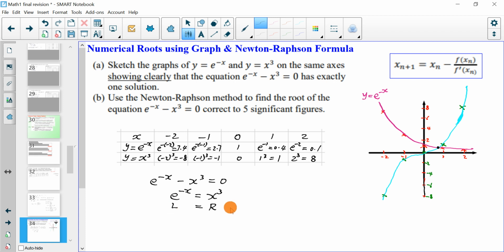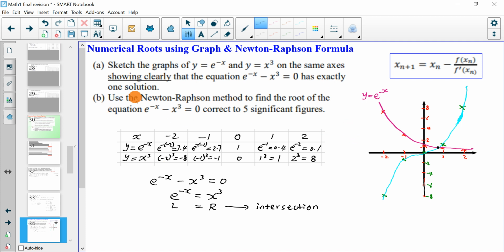If they equal each other, that means they intersect, and when they intersect, there is your solution to this original equation when they equal each other. So that's why the graphical method works.